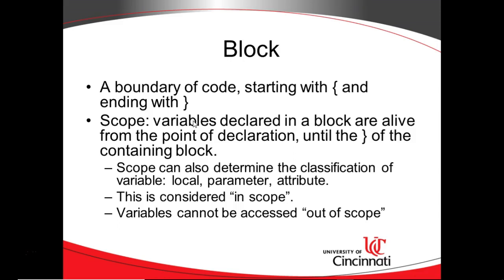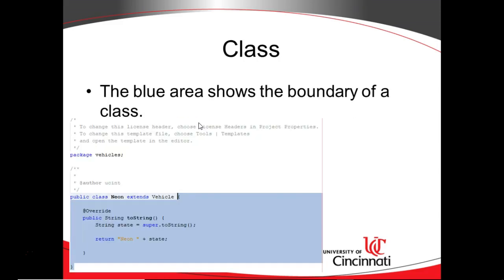So, let's consider what a block and what a scope is by looking at a simple Java program. And once again, this is one that I pulled from a previous semester of teaching this class, so these are examples we'll eventually work up to this semester. First of all, what is a class? Pay special attention here to the light blue shading, which hopefully comes across okay in the video.